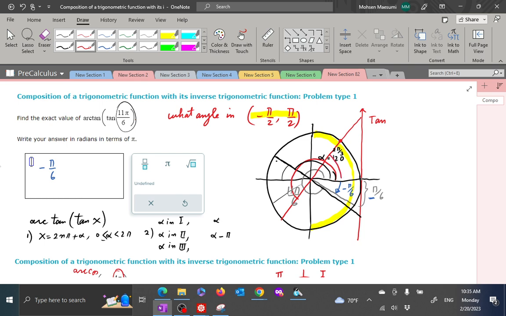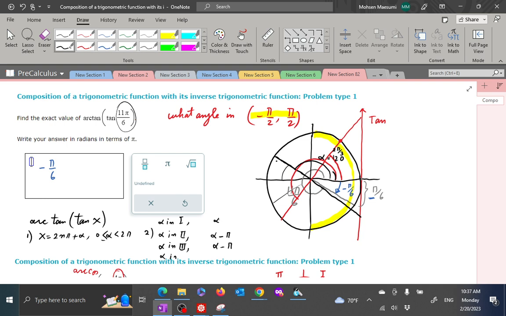Well, how can I find this angle? It's very easy: take your alpha that you had and subtract pi again from it, and we are going to get the correct angle. So we are going to get alpha minus pi in this case as well.